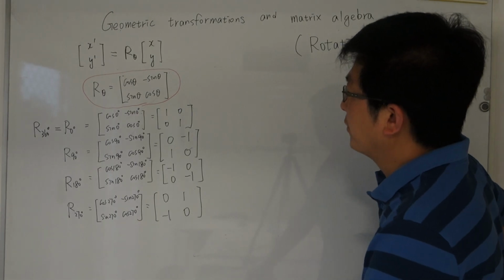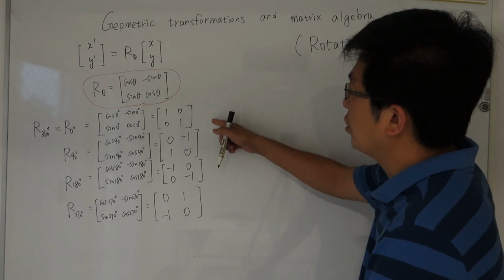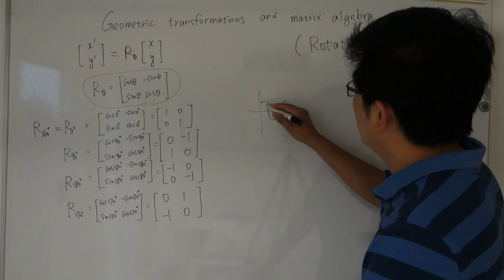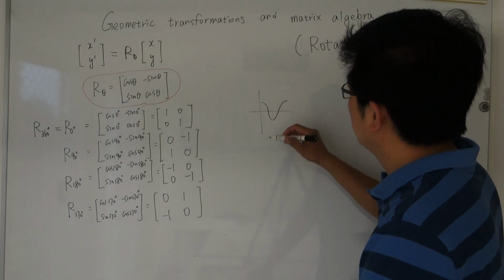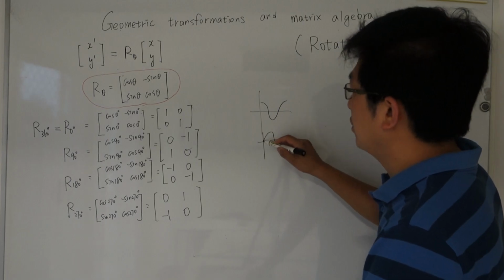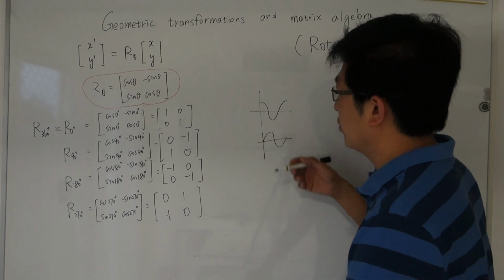Okay. Cosine 0 degree here is 1. Sine 0 is 0, cosine 0 is 1. Yeah, that's right.